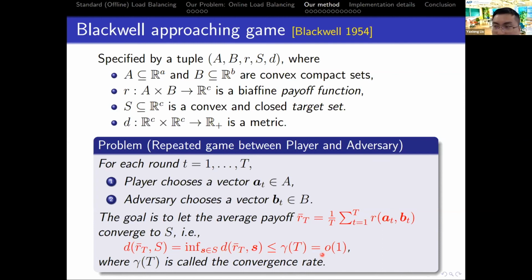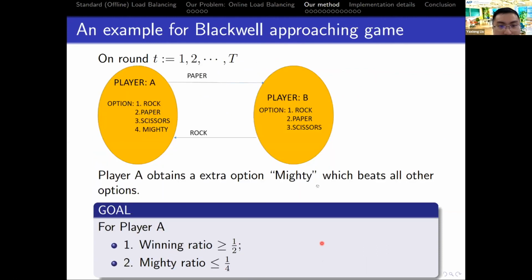Maybe this is a very abstract concept, and we can use an instance to know it better. This is an example of a Blackwell approachability game, like rock, paper, scissors. From T1 to large T, player A chooses from 4 options: rock, paper, scissors, with an extra option, mighty, and player B chooses only 3 options.